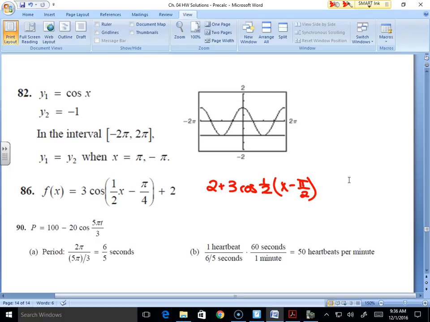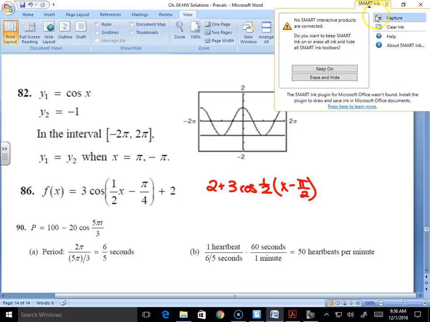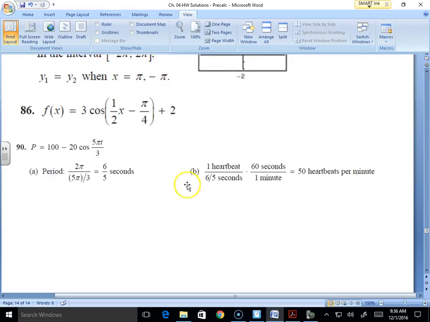And then last but not least, remember number 90. It's never anything that you're going to see on the test, but it was using those little formulas I showed you yesterday with the heartbeats, etc. So for the first question, you were just finding the period. For the second question, you were flipping the period, but you had to change the units, which is why there's a little extra 60 seconds per minute.